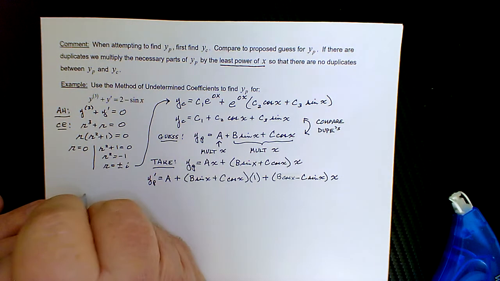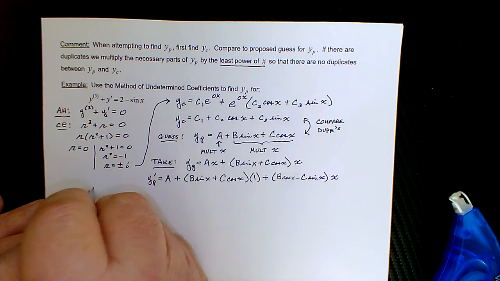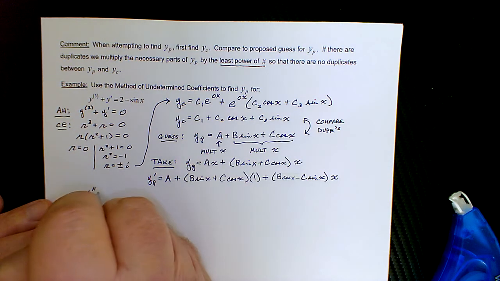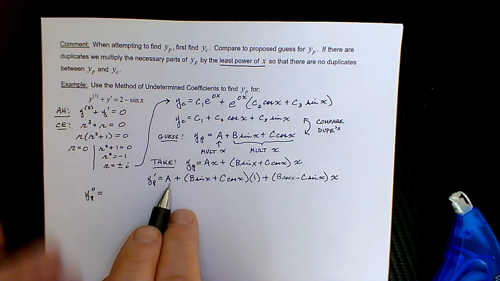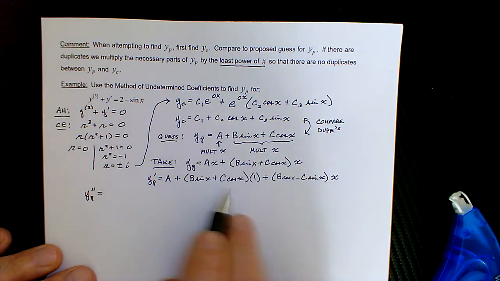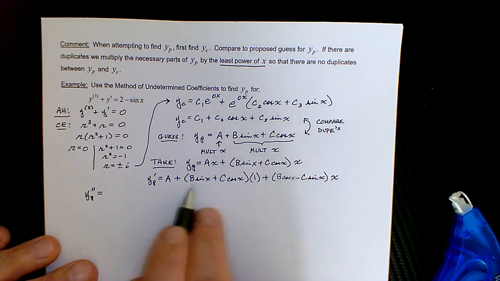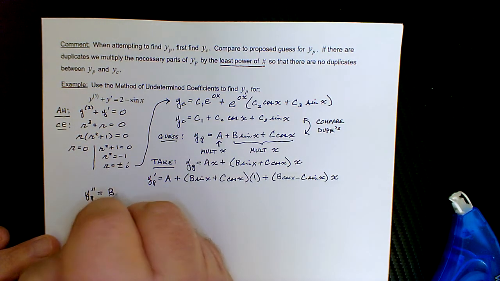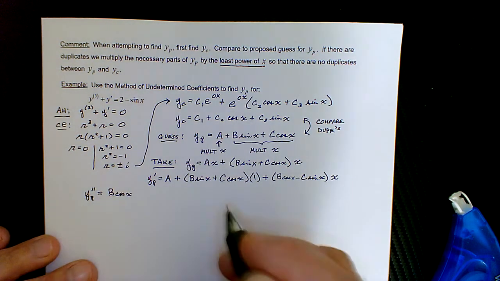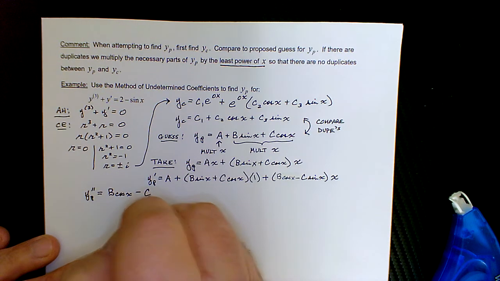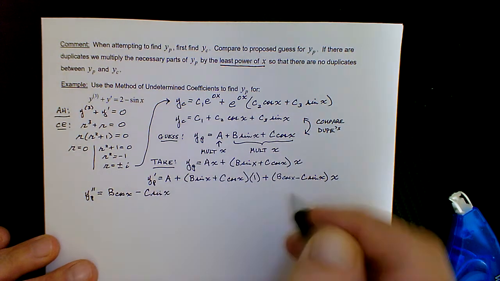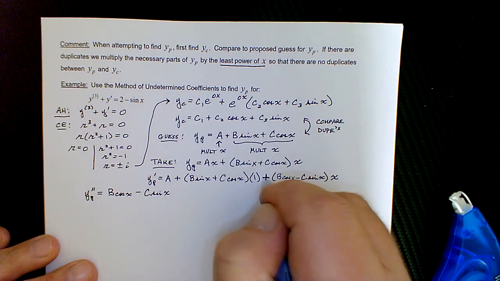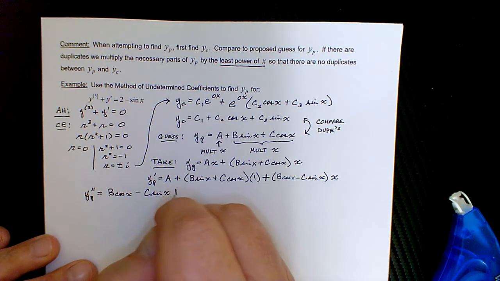Go to the second derivative. Gonna spread things out here, try to give enough room. The derivative of a is 0. 1 times these are just those, so then their derivatives b cosine x minus c sine of x, and then we've got the product rule in this next term again.